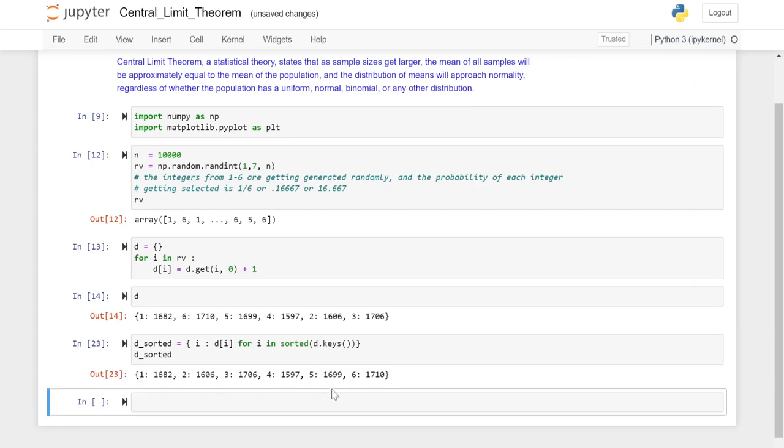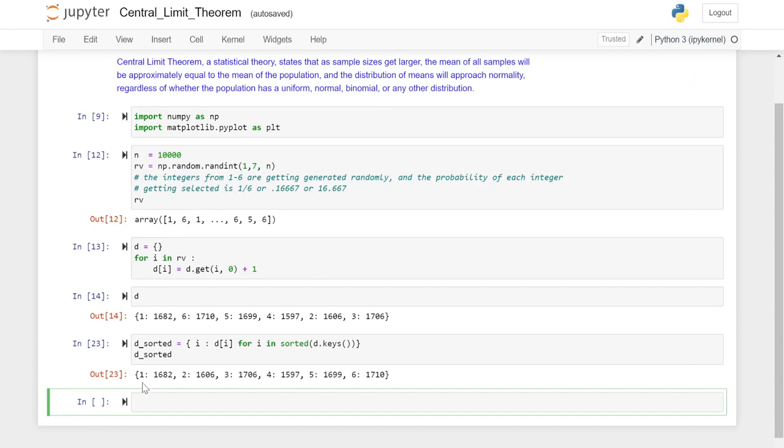It is very clear from this frequency count that all the numbers are getting generated more or less in accordance with their probability, that is 1 by 6. Correct? We can draw a bar chart. When we draw the bar chart, we will see the height of each and every number will be the same.